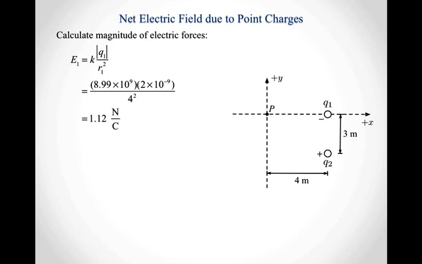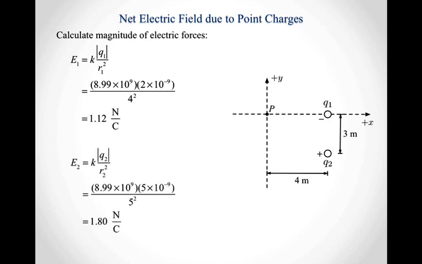The times 10 to the plus 9 and times 10 to the minus 9 actually cancel out here, so I end up with something that's relatively normal as a number. And then the distance from particle 1 to point P is 4 meters. So 4 meters gets squared on the bottom. Plug all that in and I get 1.2 newtons per coulomb, knowing that that's my SI unit for electric field.